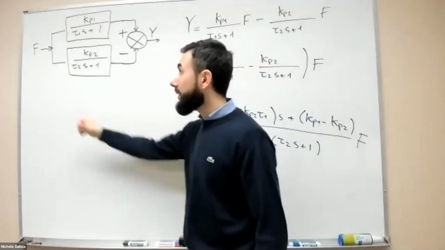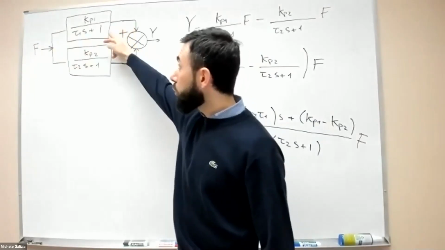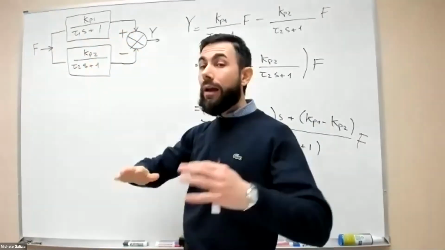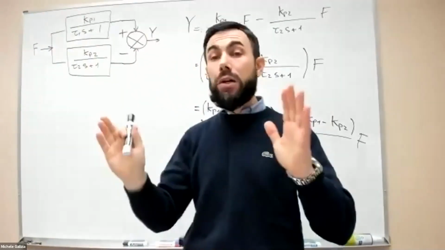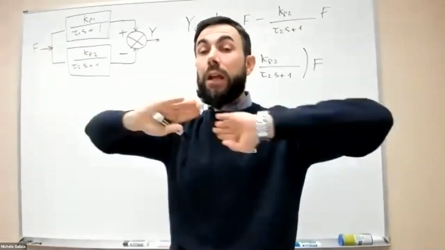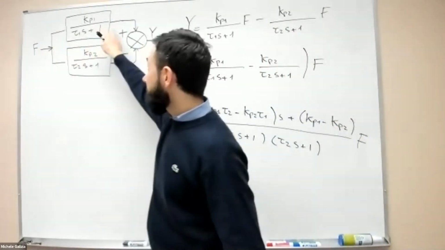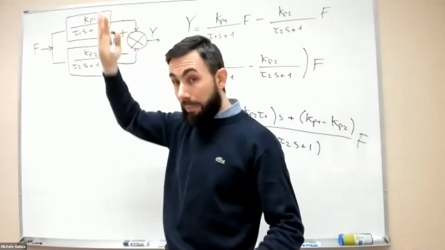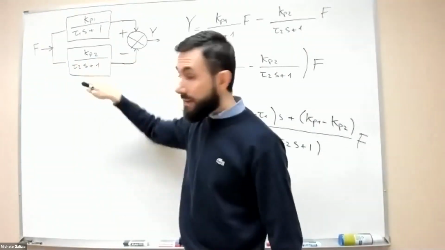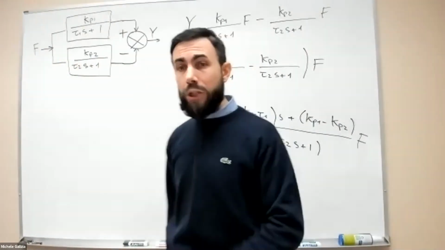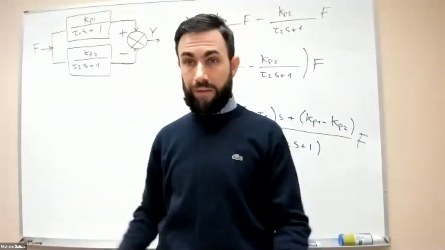This means that the disturbance F is producing on the two subsystems a response, a reaction that go basically in different directions, in opposite directions. The effect of F on the first system goes in the opposite direction than the effect of the disturbance on the second system. And so the question here is, what is the overall response of the system?